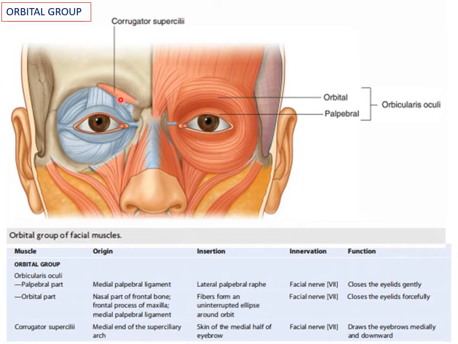Now the other muscle, the corrugator supercilii, arises from the medial end of the superciliary arch and is inserted into the skin of the medial half of the eyebrow.